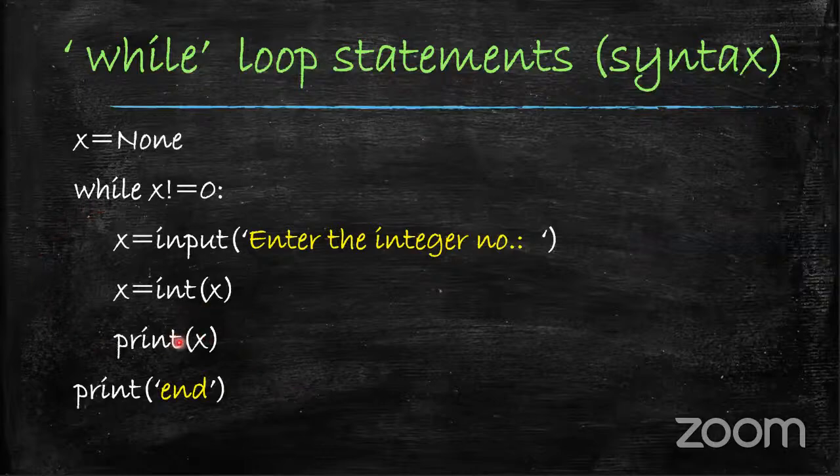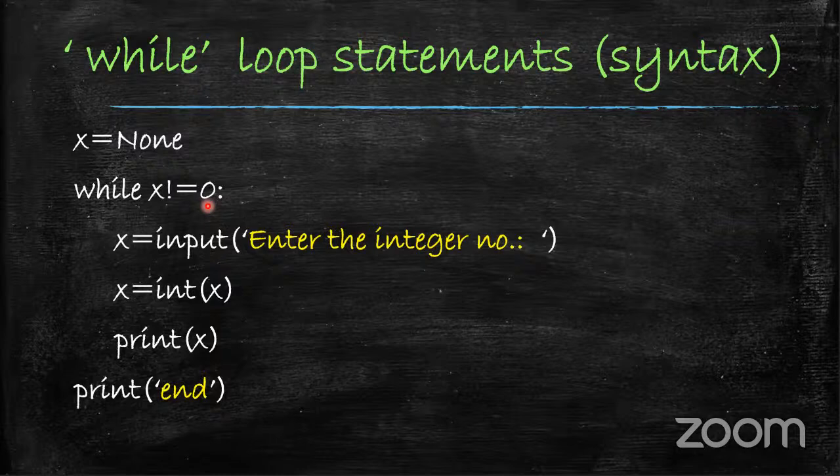Again, if x is non-zero, we'll go up again, ask for user input, convert it to an integer and print it. We'll continue this process till what condition? x != 0. As soon as the user enters 0, the loop will stop.